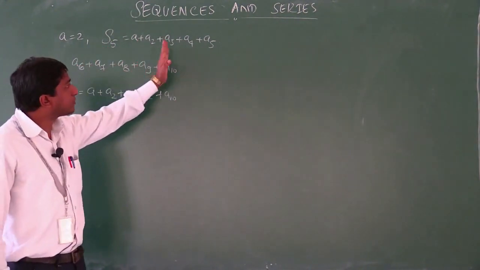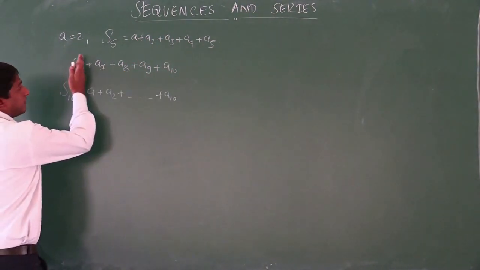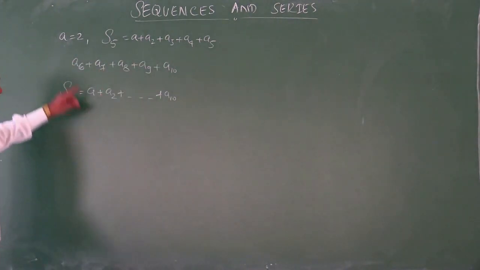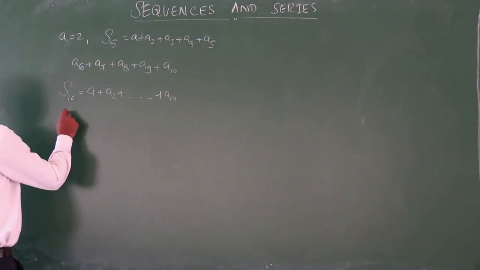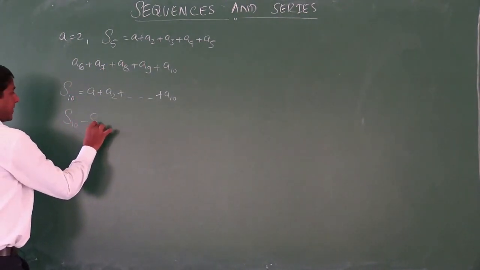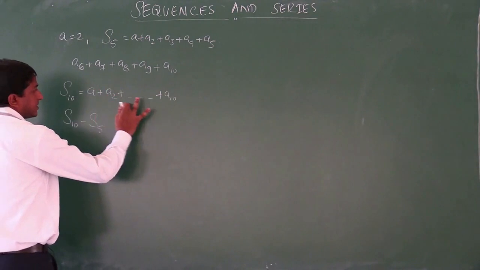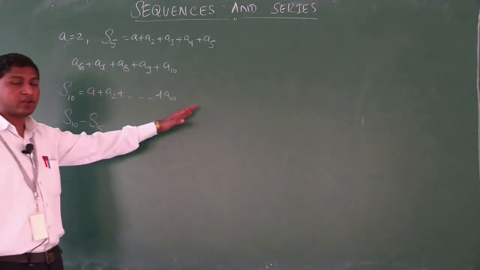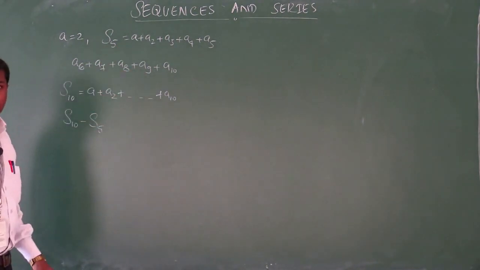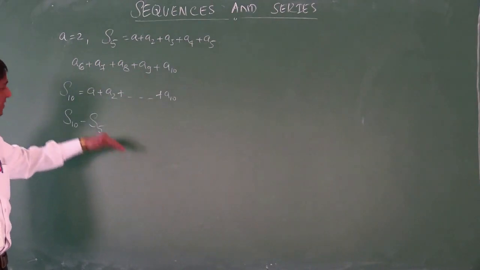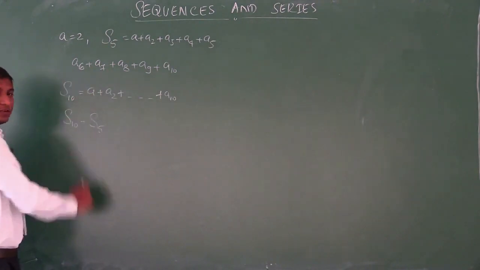But what do we require? We require the sum of next 5 terms, a6 plus a7 up to plus a10. Now, can I write this as S10 minus S5? Yes. S10 minus S5: I am subtracting the first 5 terms from the sum of the first 10 terms, so I delete the first 5 terms.